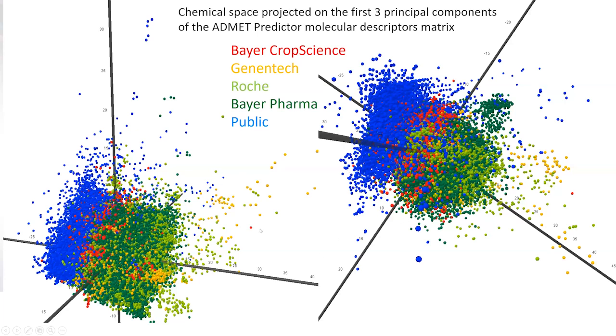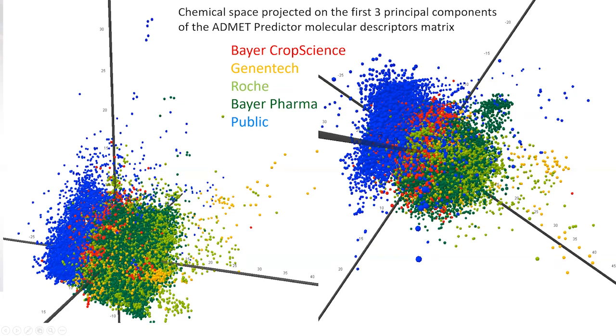When you plot the resulting data sets on the first 3 components of the molecular matrix, you have a projection of multi-dimensional space into 3 dimensions. But you can immediately see differences, especially between industrial and public data sets.